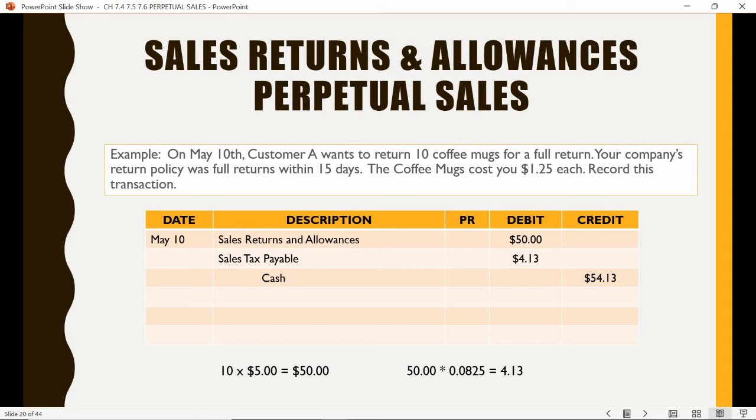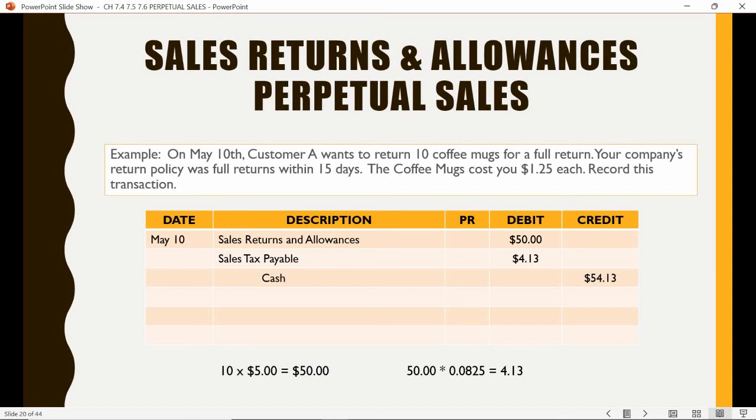Now, let's look at this carefully. This customer is returning 10 of those coffee mugs back to us for a full refund, as in, they are handing the product to us and saying, I don't want them anymore. So what does that mean? That means this customer is actually giving us back the inventory items.